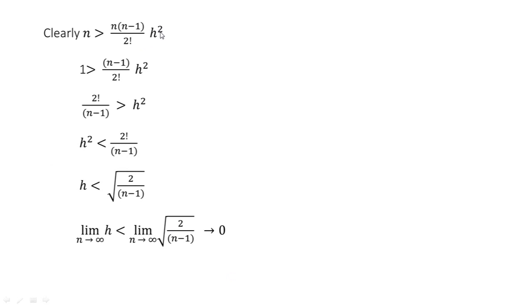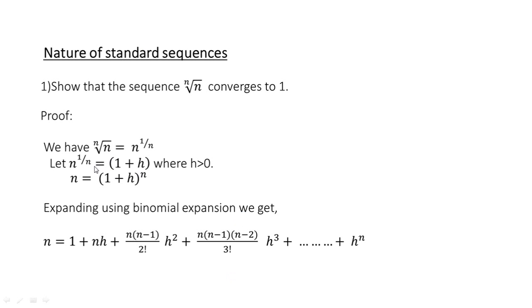Now evaluate the h value, because our sequence is in terms of h. If you know the limit value of h, definitely it is possible to know the limit value of n to the power of 1 by n, that means the limit value of our sequence.